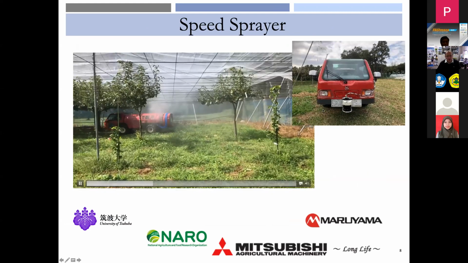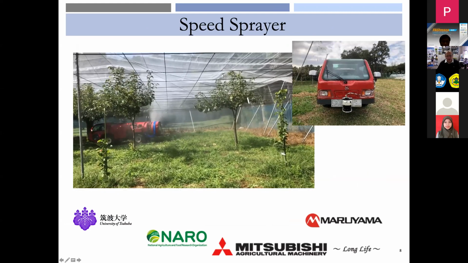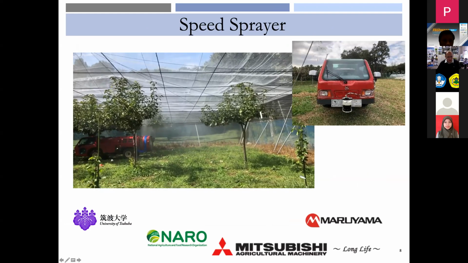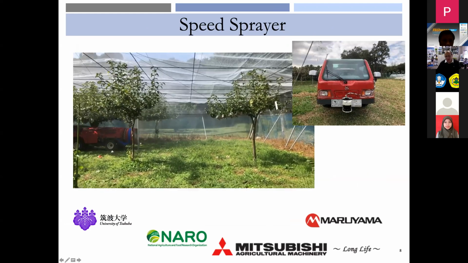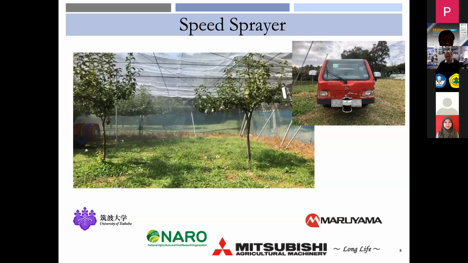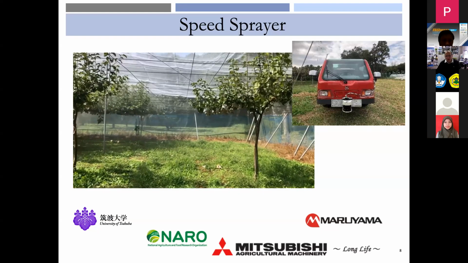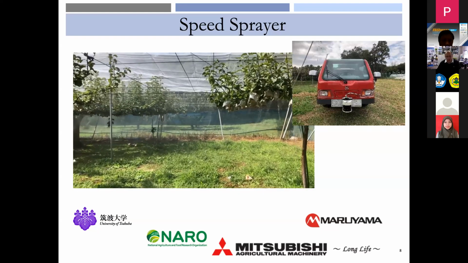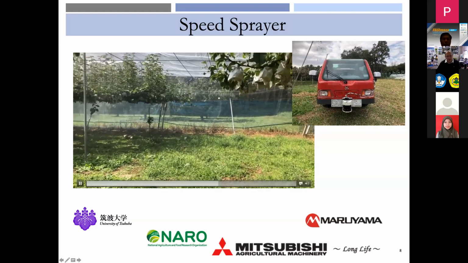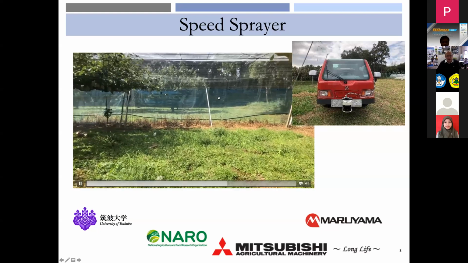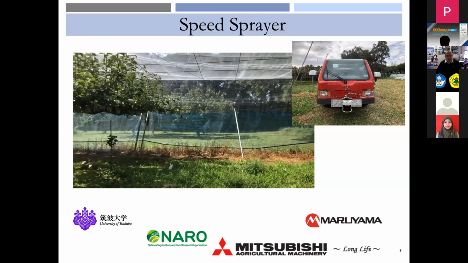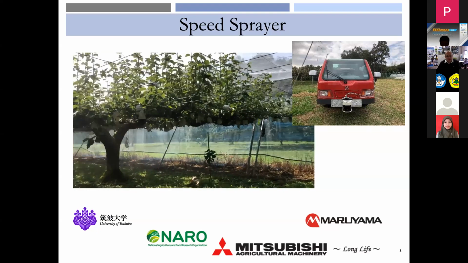We are still working on this project to develop it based on LiDARs. We have several groups. Some groups are working on LiDARs, some on GPS-based systems. GPS has disadvantages in some cases, but especially for apple production, there are many facilities to work with GPS.